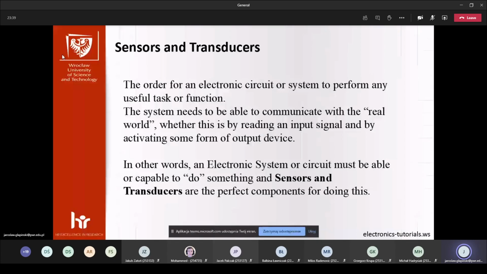So if we want to build a system which does something, it should communicate with us, or with the world, the environment. So it can communicate with the real world, whether by reading some input signal or some other type of activities, and make some output changes.